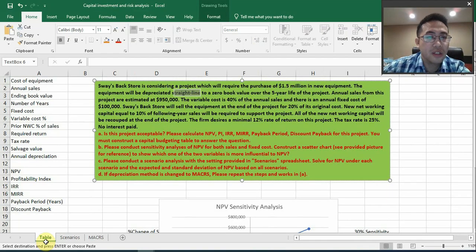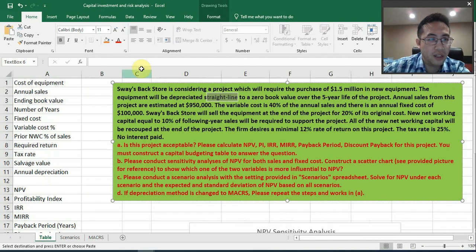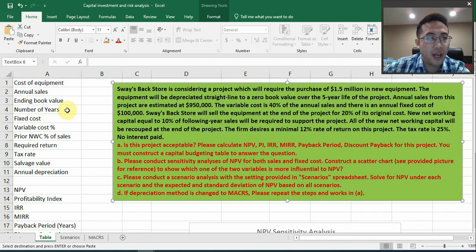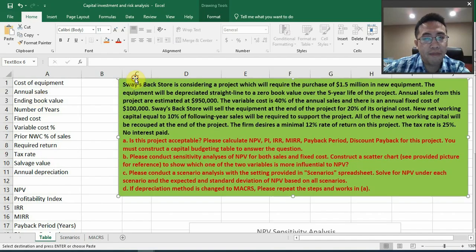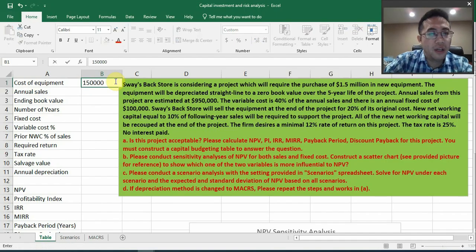All right, so to start over, let me just zoom in a little bit. I have put all the items here for you to fill in. If you read the paragraph, we have a company considering a project that requires the purchase of new equipment at 1.5 million. So for the cost of equipment here, you can just put $1.5 million.